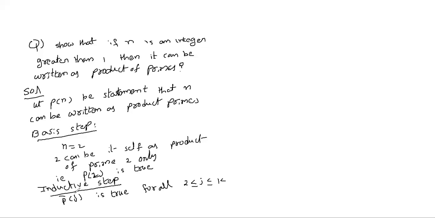That means the statement is true for all the integers between 2 and k. Basically, in mathematical induction, we assume n equal to k. Here, I'm assuming not only k, I'm assuming all the numbers less than k also, down to 2.